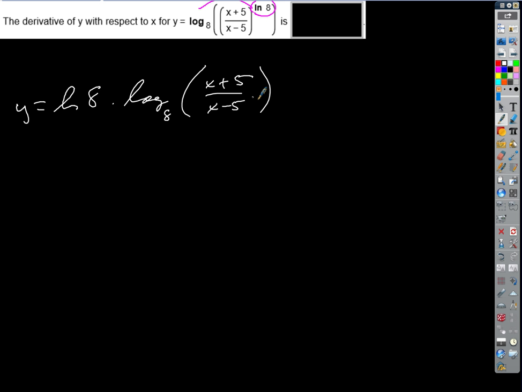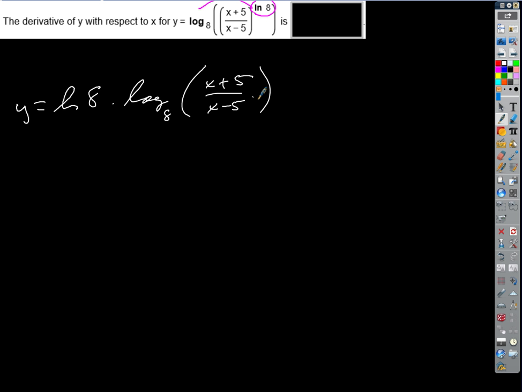Okay. You certainly could. Does anybody see another trick here? That's fine, there's no one way to do this. I'd argue maybe there's a slightly better, easier way. But then we could just leave that natural log 8 out front, that's just a constant.